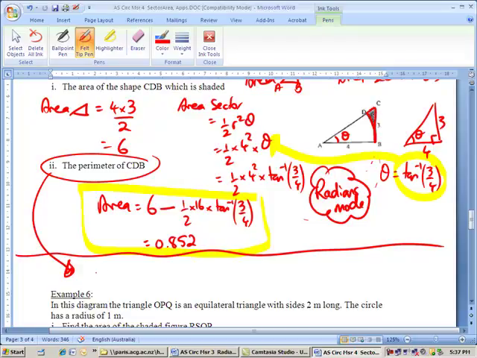So if we take our values here, we know that this is 3. We've come from a triangle that is 3, 4, 5, so I know that that complete length AC must equal 5.